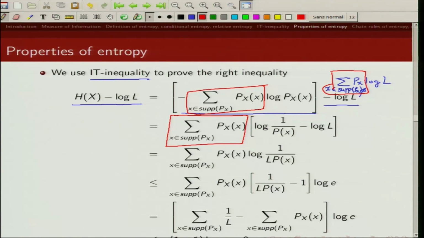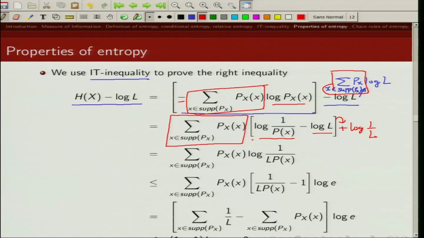Okay. Now I have minus log of p of x, which I can write as log of 1 by p of x. So this is how I am writing this, and I have minus log of L. Now minus log of L can be written as plus log of 1 by L, and if I have log A plus log B, that is log AB.